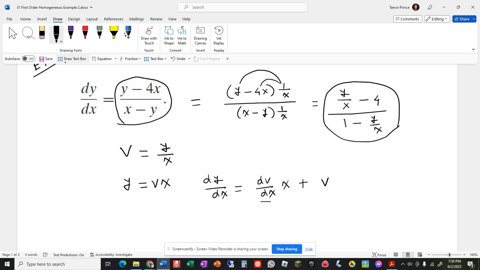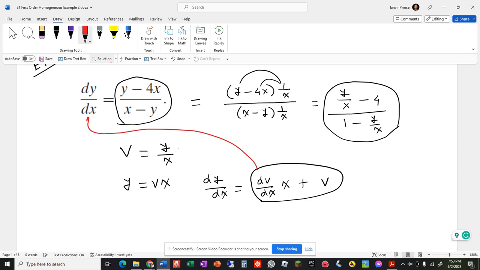And now this goes in place of dy dx, and in place of y over x I have to substitute v.